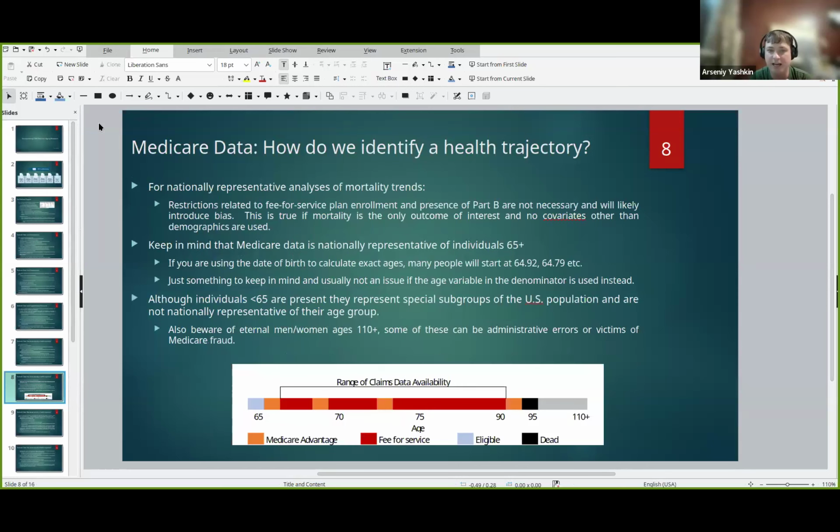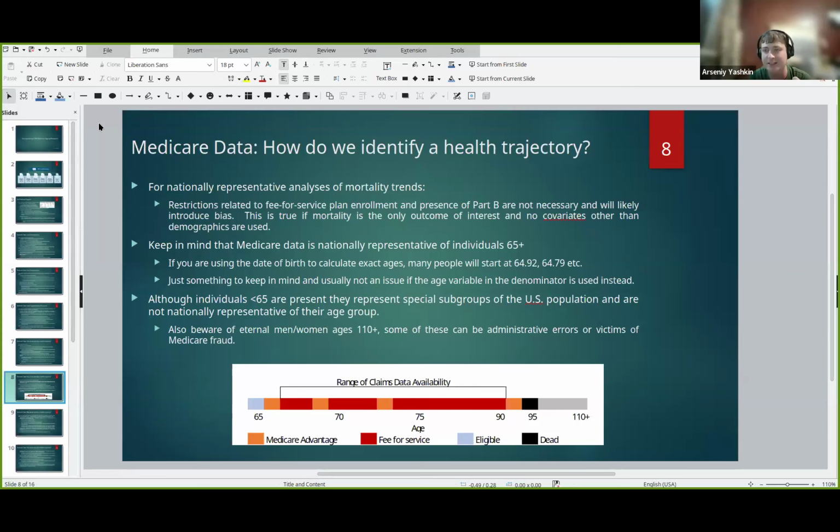So eventually, after you do a lot of work and effort, you get something that looks like this graph down here. This is my visualization of what an individual health trajectory may look like, with you being eligible at 65. And again, this is roughly, depending on how accurate you want your birth date, you'll find out that a lot of people get into the data set at a fractional age.